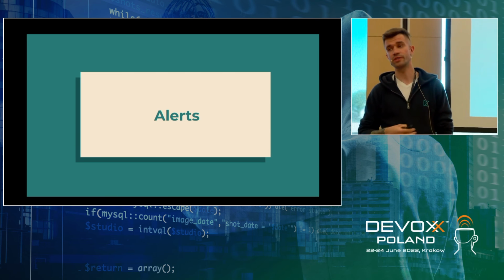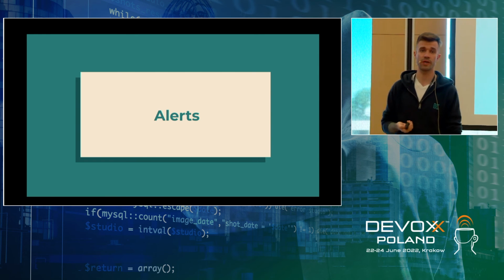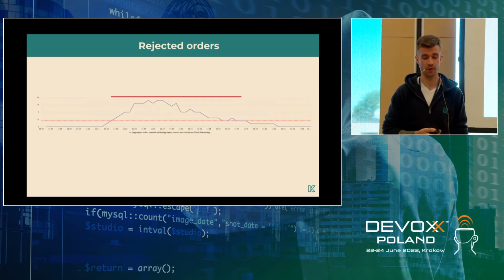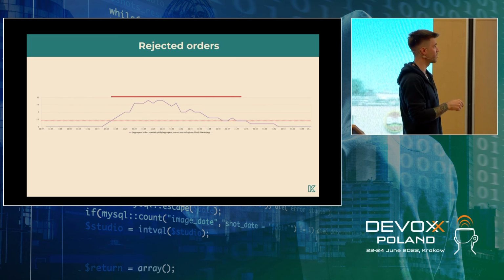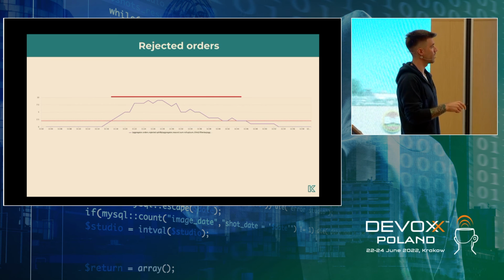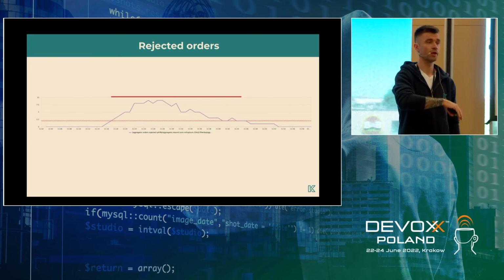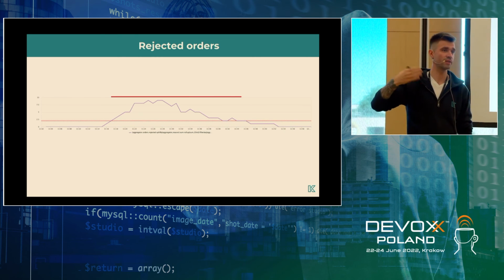So now, instead of looking at some dashboards, like trying to graph it, we can apply alerts. And what kind of alerts can we apply on those metrics that I mentioned here? First of all, a very good and very helpful alert is monitoring for rejected orders. As I mentioned, a spike in rejected orders might mean something or might not.